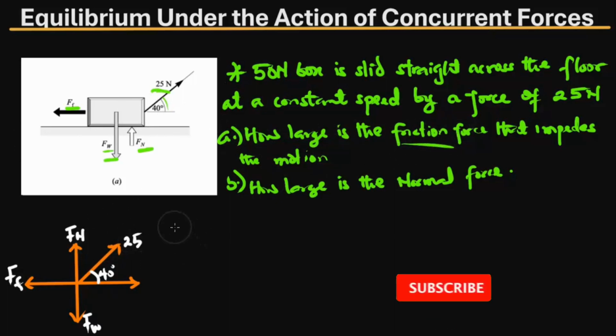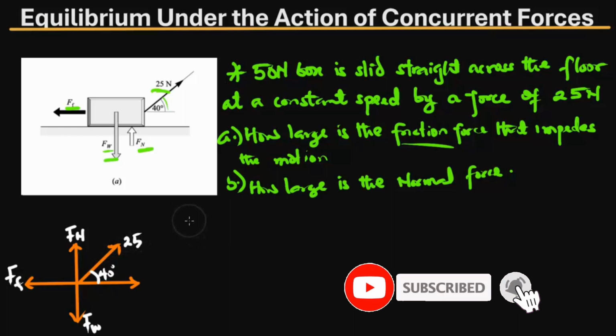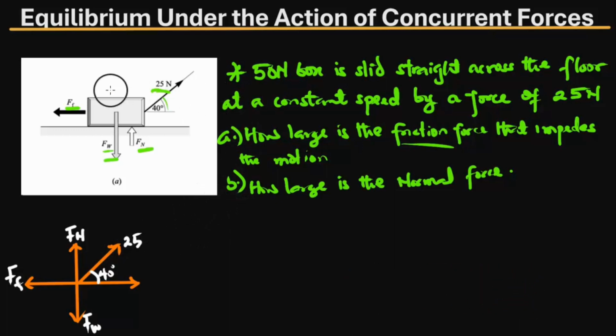Alright, so we have to remember our conditions for equilibrium, which says that an object is in equilibrium under the action of concurrent forces when it is not accelerating. So acceleration is equal to 0. The sum of forces is equal to 0. And the third condition is the sum of forces in the x direction, this is the x direction, this is the y direction, and this is the z direction.